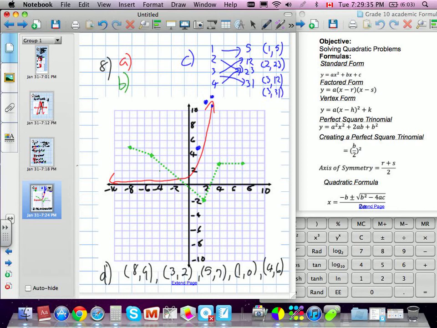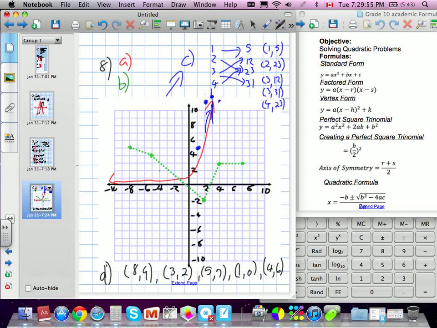And let's just double check with D. D gives us coordinates again. 8 and 9. So let's go 8 and 9. Here's a coordinate. 3 and 2. Here's a coordinate. 5 and 7. 1 and 0. And 4 and 6.